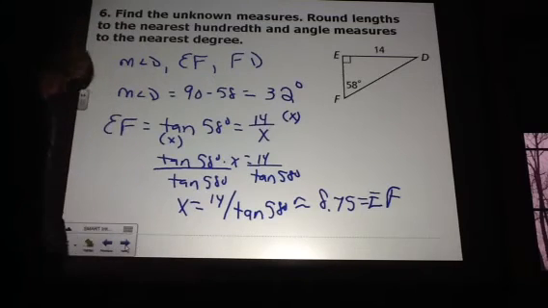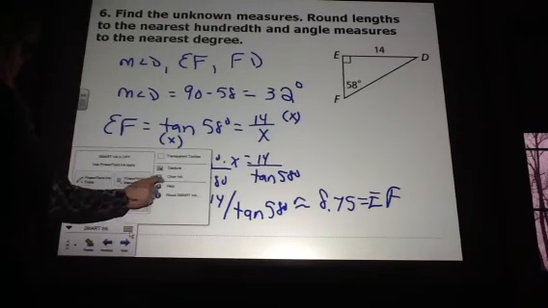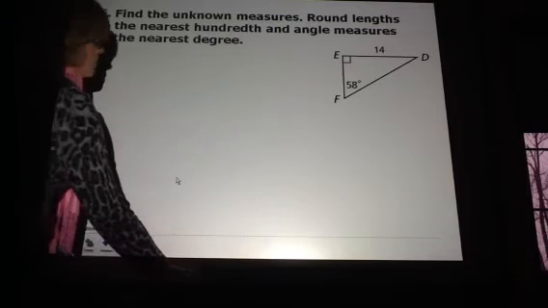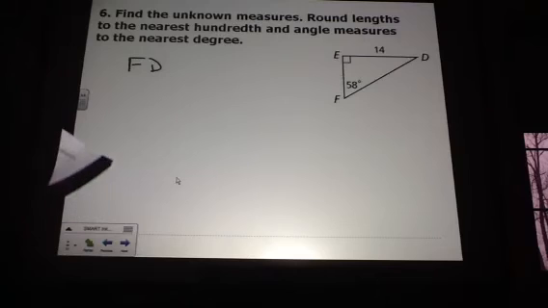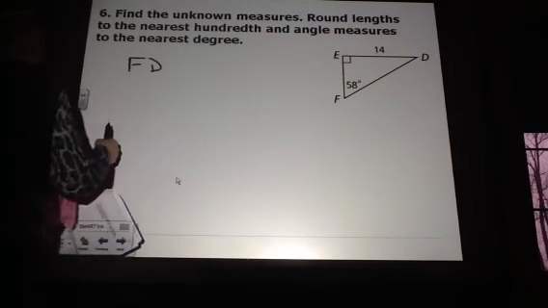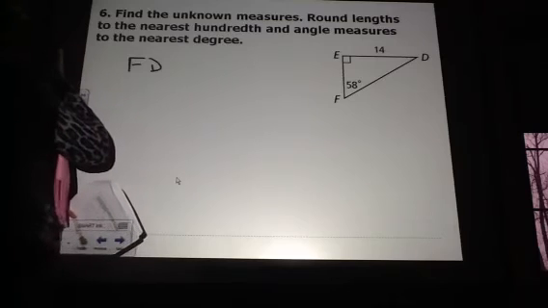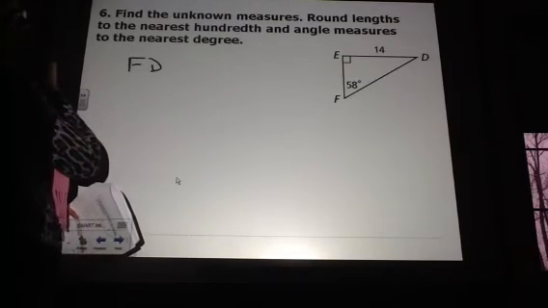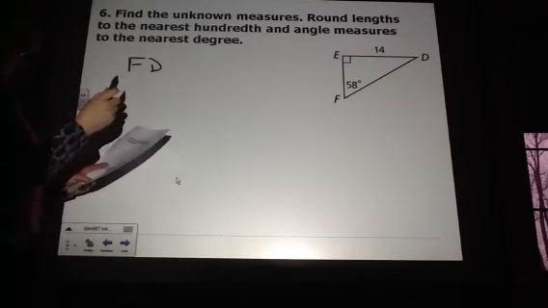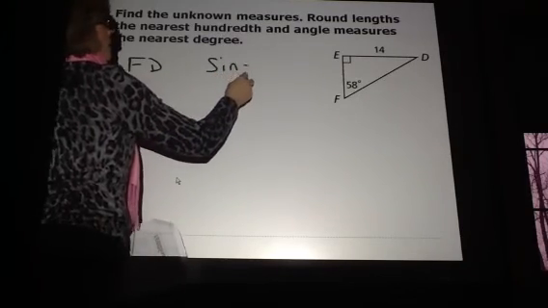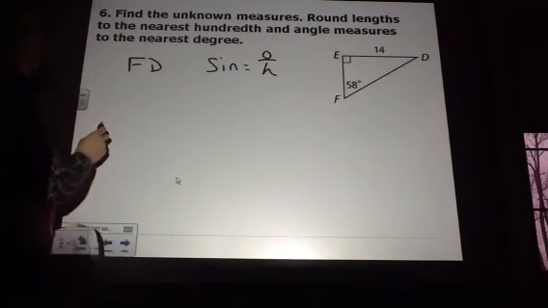Okay, now we've got to find FD. Because EF is approximately 8.75, do not use the Pythagorean theorem. So we've got hypotenuse and opposite. So let's use sine, opposite over hypotenuse.